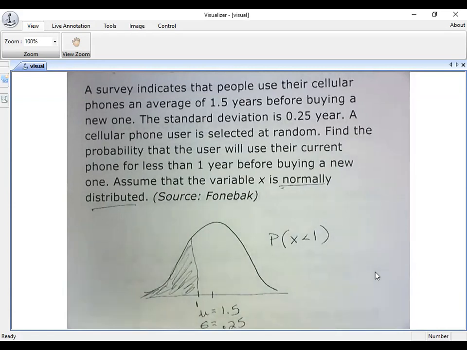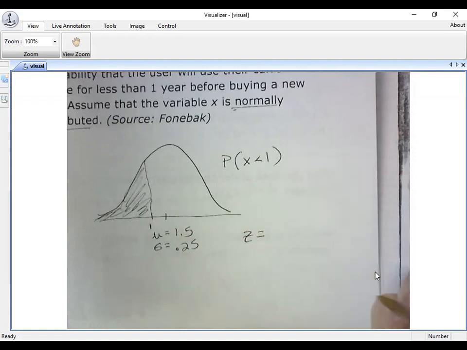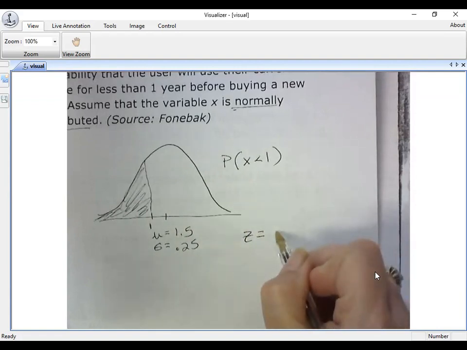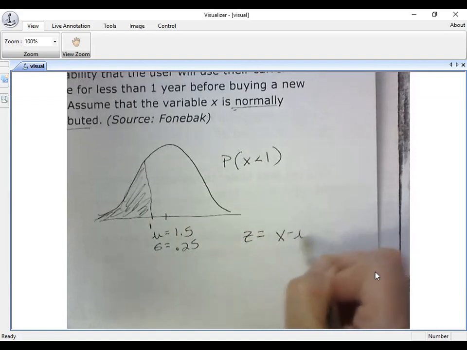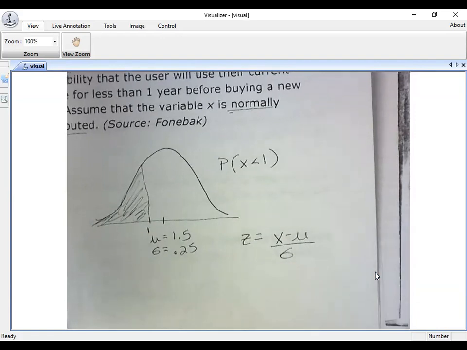Okay, so if you want to change it to a z-score, z equals, what's that formula? X minus the mean divided by standard deviation. Now, those of you who say, I want to do the calculator, if you think you know how to get the answer, you go for it. Well, I'm helping those who want to get the z-score first.